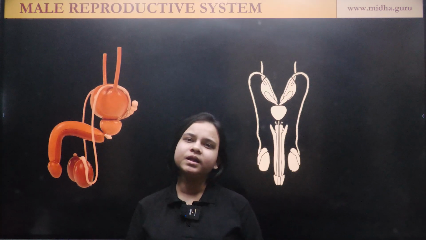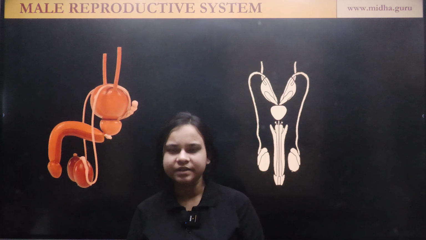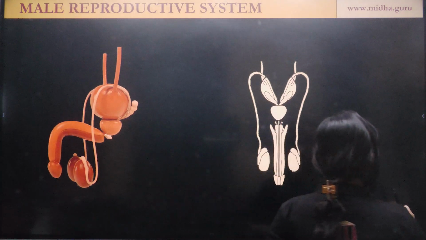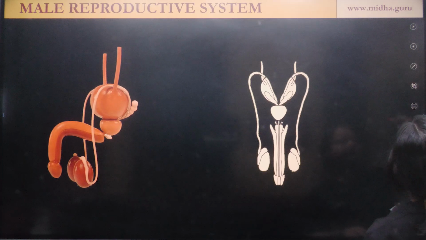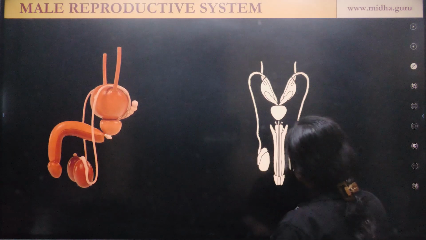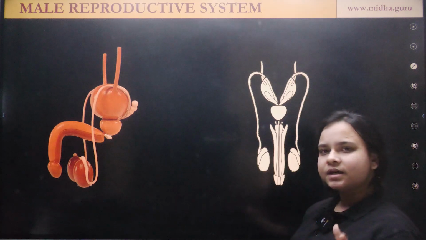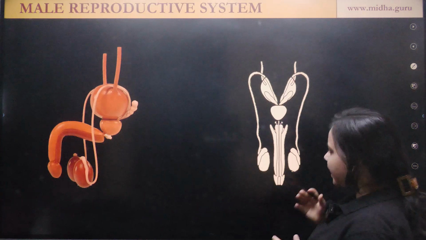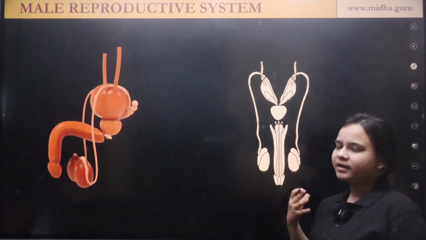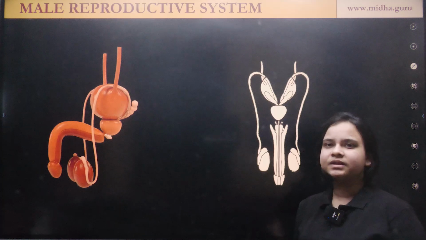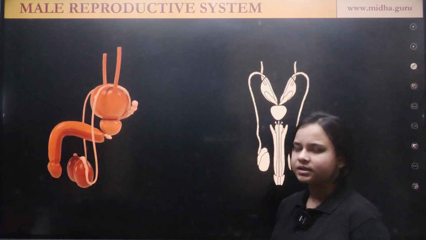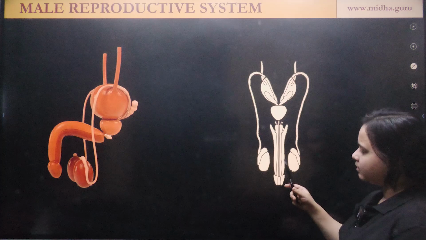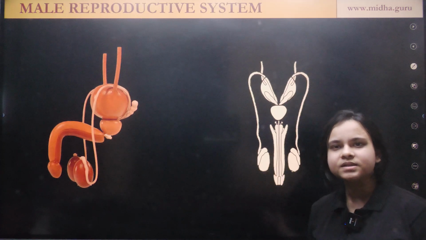What are male gametes? A gamete is basically a reproductive cell which participates in the process of fertilization to produce a zygote. If you see this diagram carefully, there are primary organs in males as well for the production of male gametes. Similarly to the paired female reproductive organs, there are paired reproductive organs in males as well.